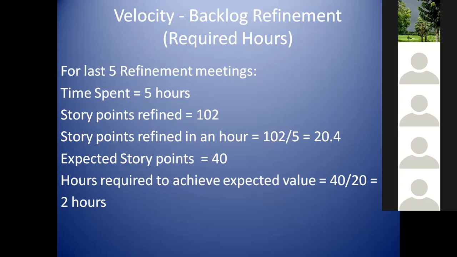Because on average, if you spend 2 hours, you will reach around 100% product backlog health, because twice the average velocity is what you are expecting, right? That is, the expected story points is 40. That you will reach in 1 week itself. Next week, even though the team is not completely available, it is not going to harm your product backlog health. So this is the way you need to plan your backlog refinement hours.